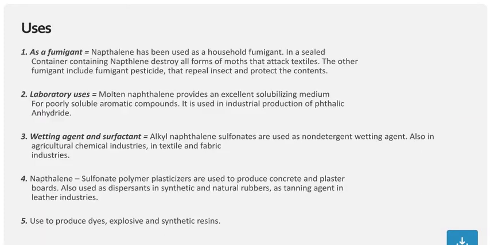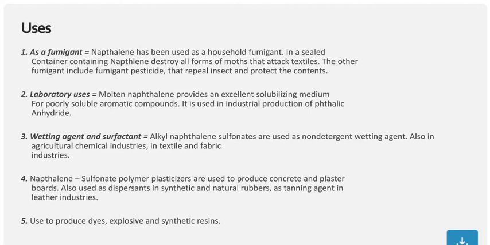So, now uses. What is the use of naphthalene? As a fumigant, naphthalene has been used as a household fumigant; in sealed containers containing naphthalene, it destroys all forms of moths that attack textiles. The other fumigants include fumigant pesticides that repel insects and protect the contents.